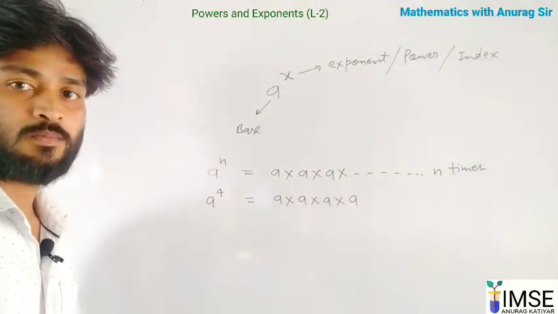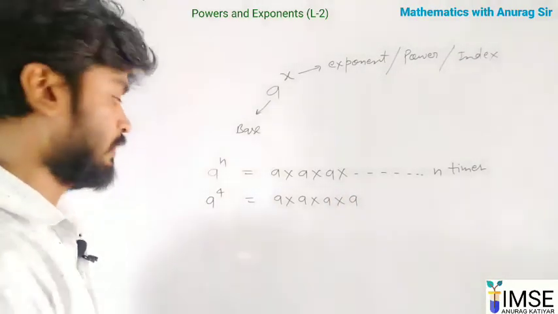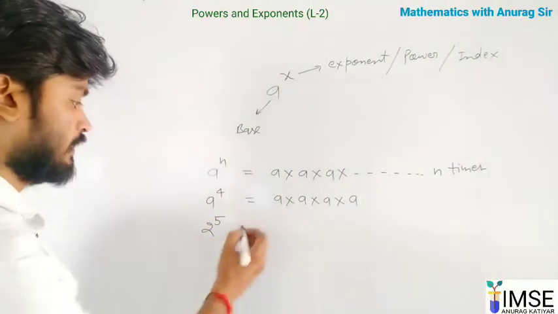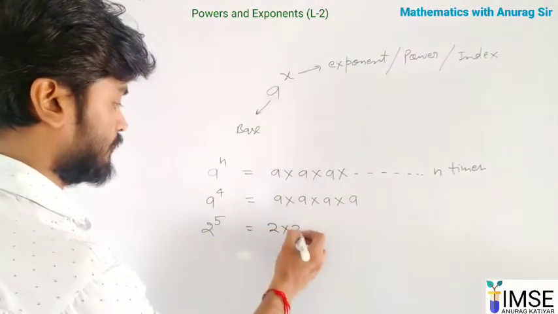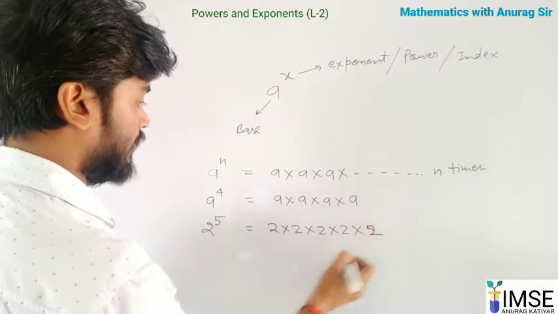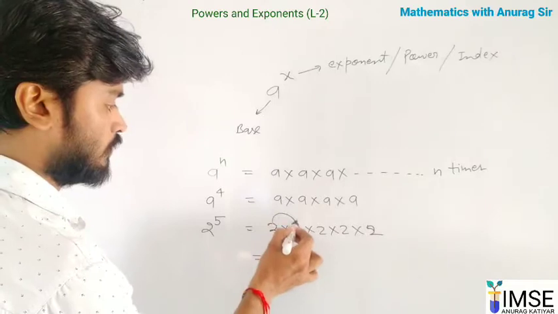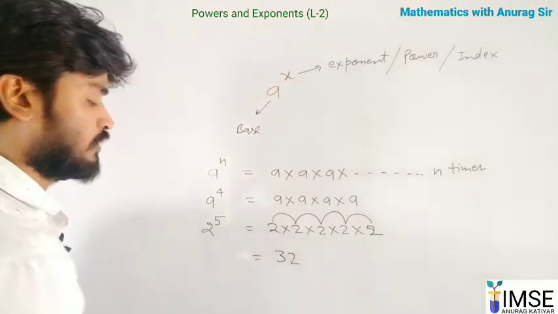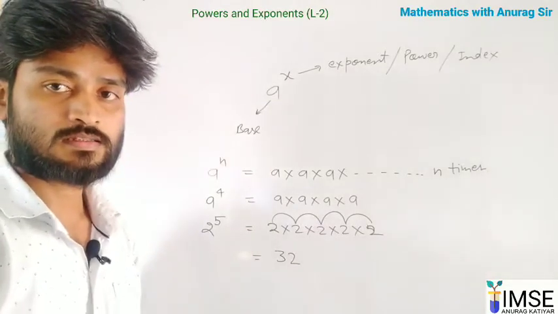One more numeric example: 2 to power 5 is equal to 2 into 2 into 2 into 2 into 2, and finally we have 2 to the 4, 4 to the 8, 8 to the 16, 16 to the 32. So this is our answer.